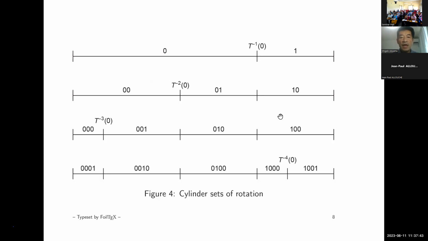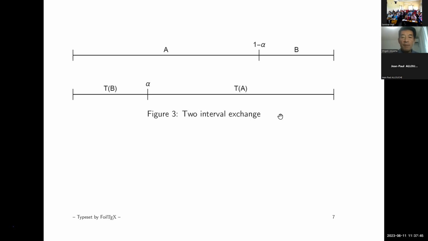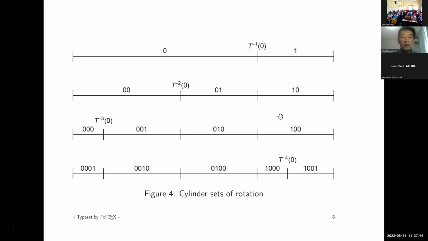Okay, now we consider this 1 minus alpha, and it is understood as an inverse rotation of 0. The point T inverse of 0 means a rotation by minus alpha, but we start from 1, so this is 1 minus alpha.